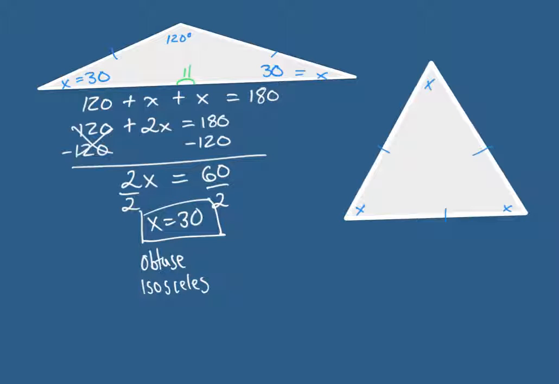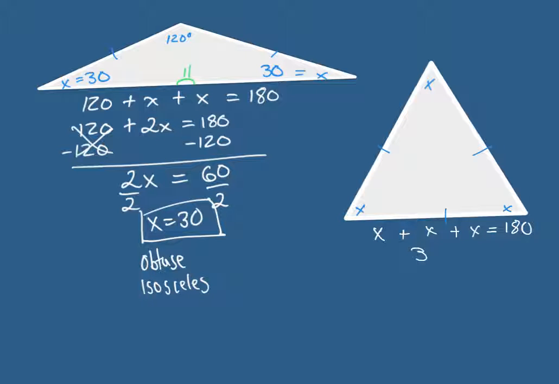Okay, let's shift our attention over to the triangle there on the right and see what we can do with that one. You'll notice that there are no numbers at all. It's just x and x and x, but I guarantee that we can do something with it. So let's solve this the same way that we would as if we had numbers, where we will do x plus x plus x is equal to 180.